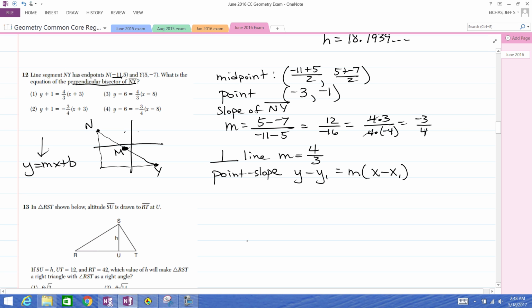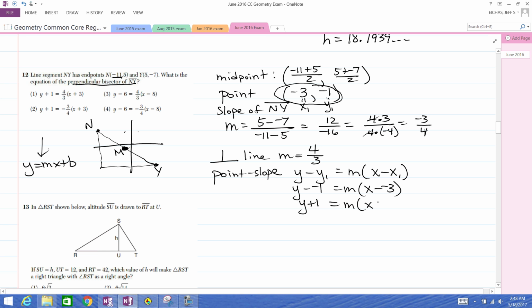Let's see. So what does that mean? That point that we put on here, basically they're saying x1 is negative 3, and y1 is negative 1. So y minus negative 1 is m times x minus negative 3. Double negative, we'll get rid of that.